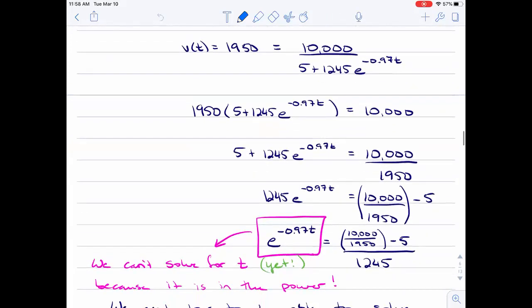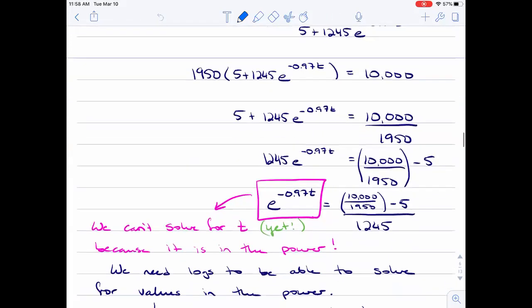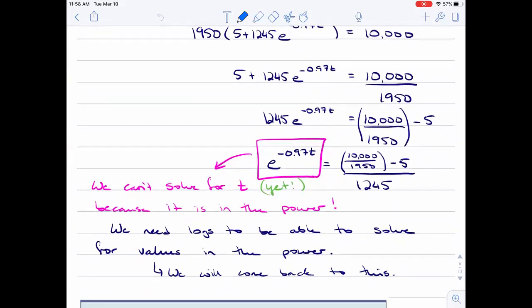We worked through this, and because we had t in the power, we didn't know how to solve for it. In general, we use logs to bring that power down. If we have a variable in the power, we need to take logs to bring it down in front, and then we can solve for it.